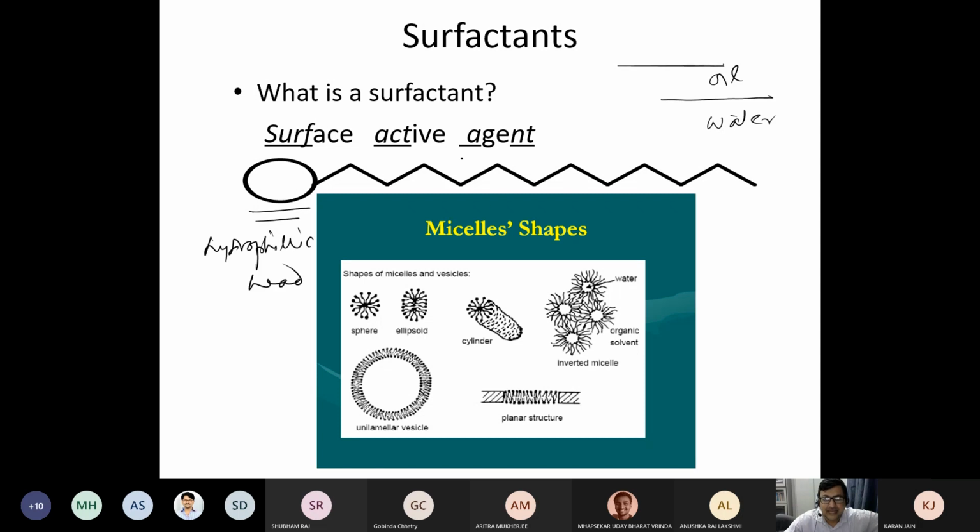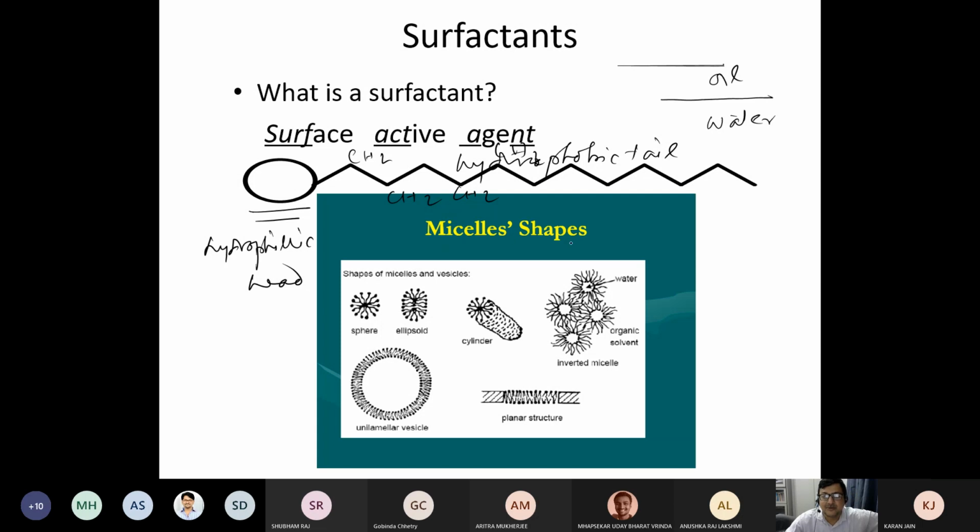And it has a hydrophobic tail. So this is nothing but CH2, CH2, CH2, CH2. So you have essentially, suppose, 1, 2, 3, 4, 5, 6, 7, 8, 9, 10, 11, 12.